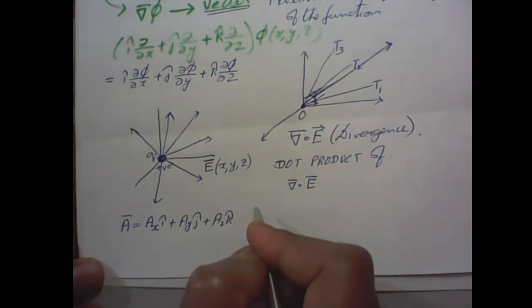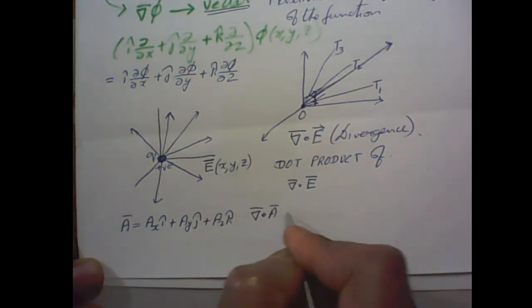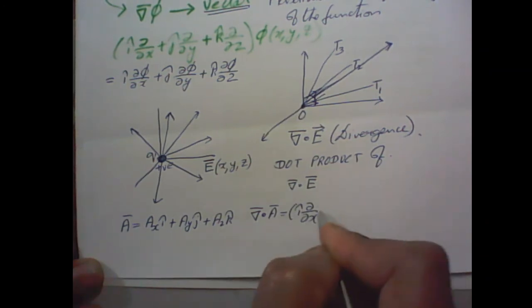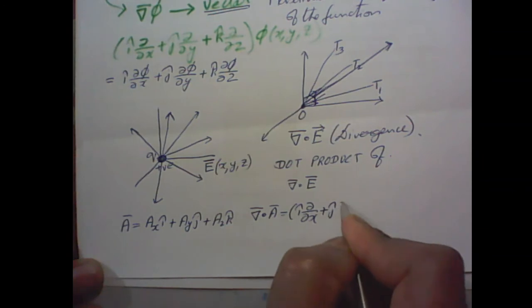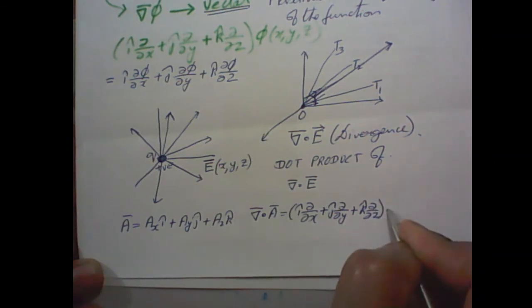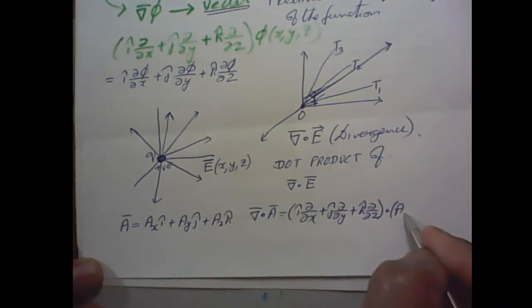Then the divergence of this vector will be del dot A. That is equal to, this is the del operator, i del/del x plus j del/del y plus k del/del z, dot product with Ax i plus Ay j plus Az k.